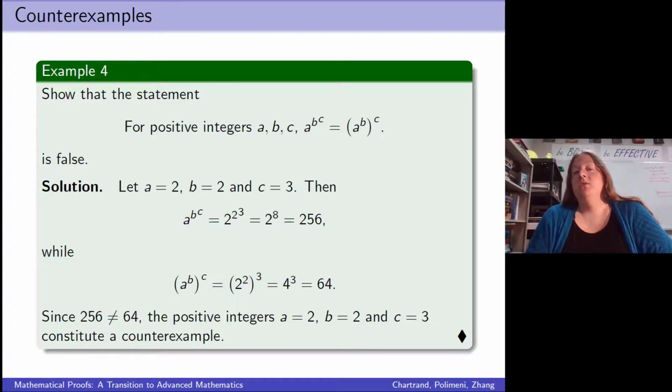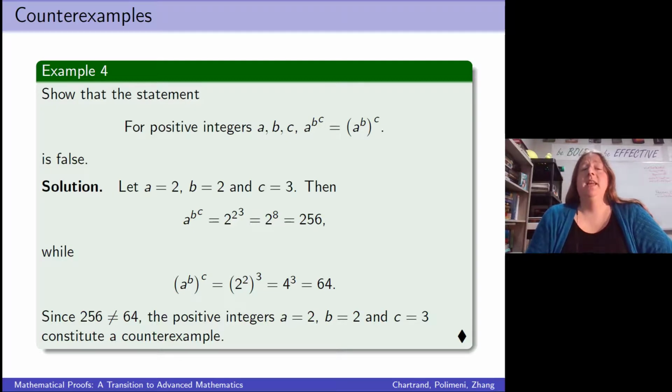So we know that if we use 0 as something that we're raising to a power, or 0 as a power, or 1, those things behave differently than other numbers. So 2 is actually the minimum number that I'd like to use here. And if I use all 2's, then my a, b, and c are actually indistinguishable. So I need to have at least one of them be different than a 2. So that's why we've thrown c equals 3 in here.